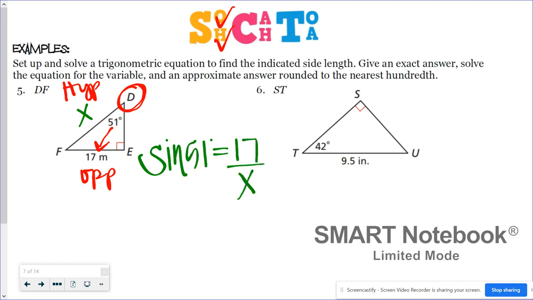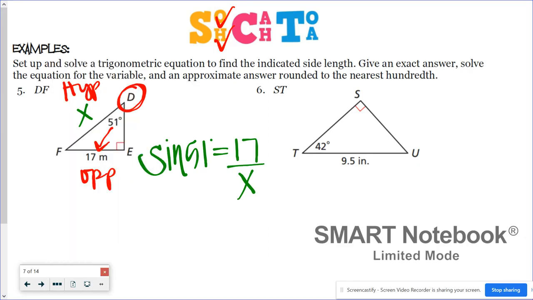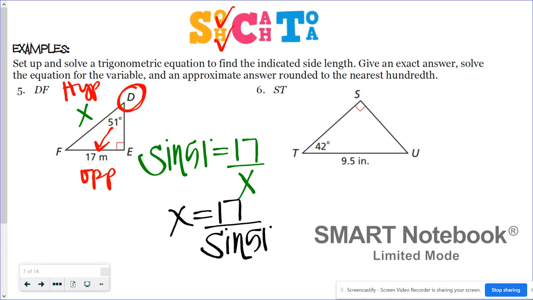And then it's a matter of doing algebra to get x by itself. So we can multiply both sides by x, divide both sides by sine of 51. Ultimately, we are going to get x is equal to 17 divided by sine of 51. And that's what we're going to calculate, rounding our answer to 2 decimal places. And of course, I've already got that ready to go. And we get 21.87.